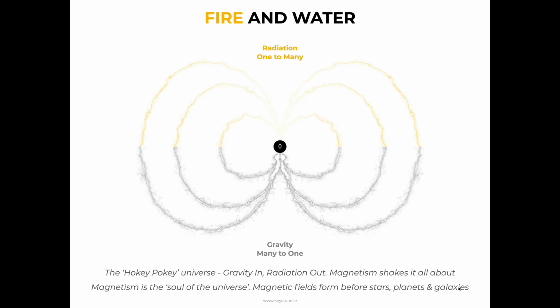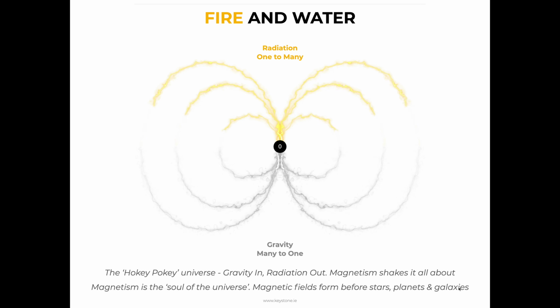Radiation out, one to many. Gravity in, many to one. It's a fountain. A torus shape. Like an apple. It's shaped like an apple, and 0 is the seed.